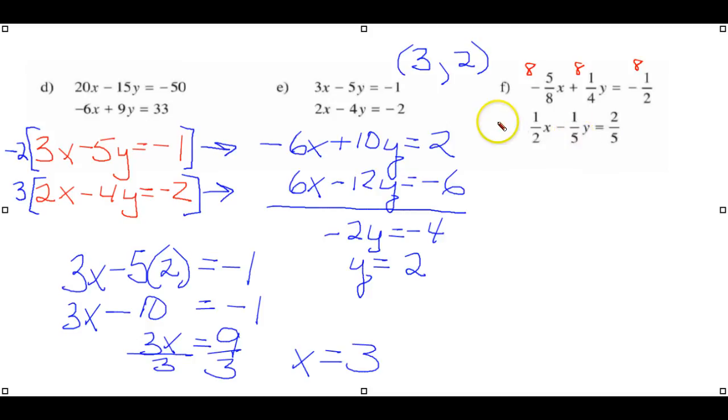Here I'd multiply everything by 10. Every term. Then I wouldn't have to worry about fractions, and we would use this elimination system that we've already developed with a number of examples.